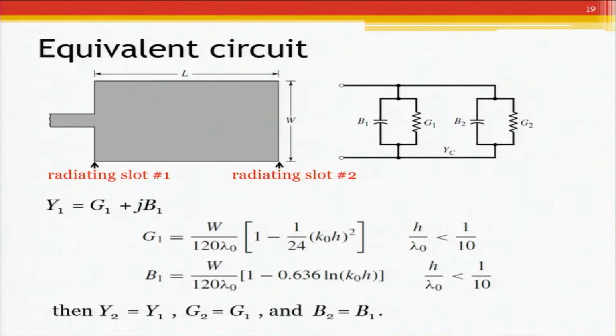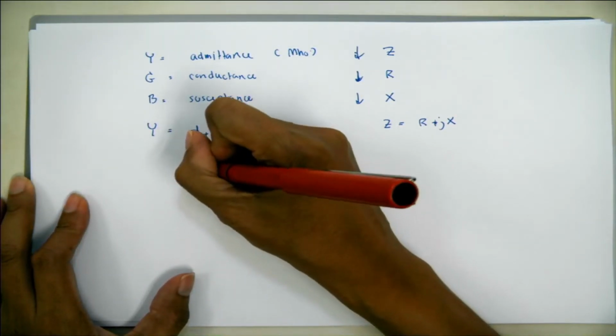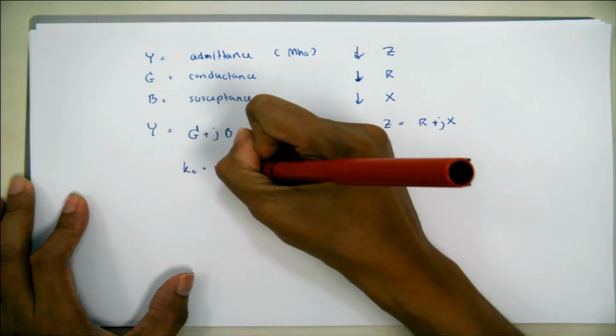Each term could be represented by this equation. G1 is W over 120 lambda naught, multiplied by 1 minus 1 over 24 times k naught H squared. So what is this k naught? k naught is called the wave number.